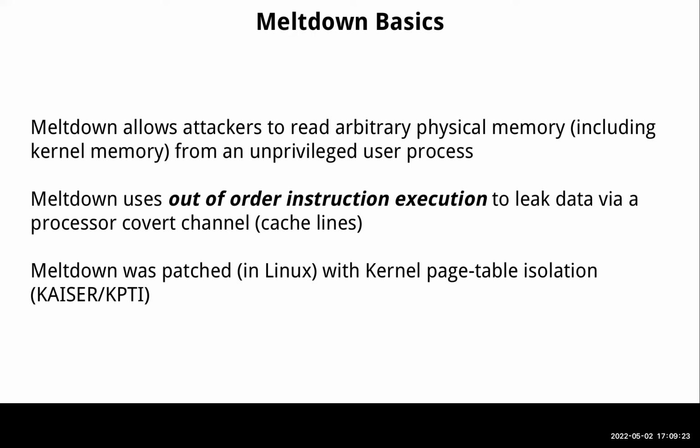Because of this optimization, the CPU will leak data using the cache side channel. The problem is not fixed, but Linux and Windows have system-level patches to remedy it, something called kernel page table isolation. We'll talk about this later.